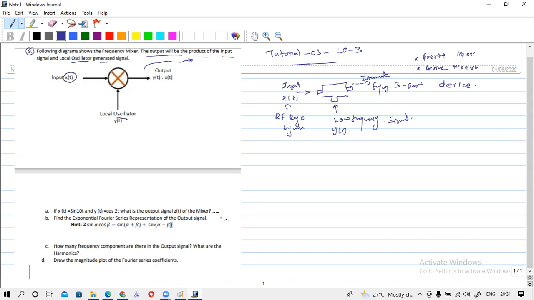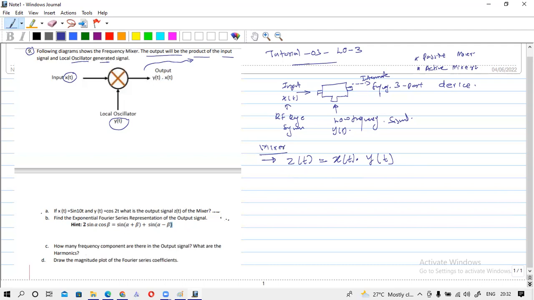Let's say the output is z(t), the product of the first signal and the local oscillator signal y(t). This is the output of the mixer in this given example.